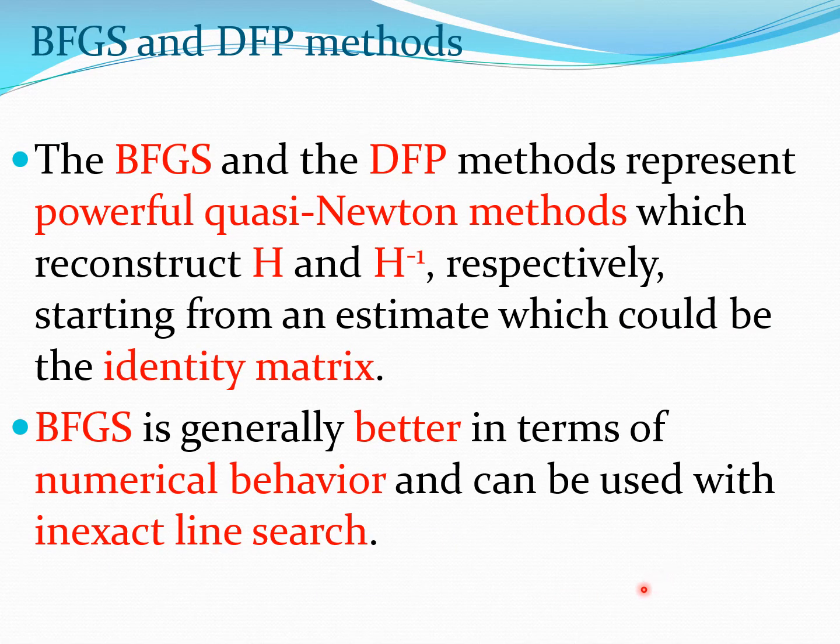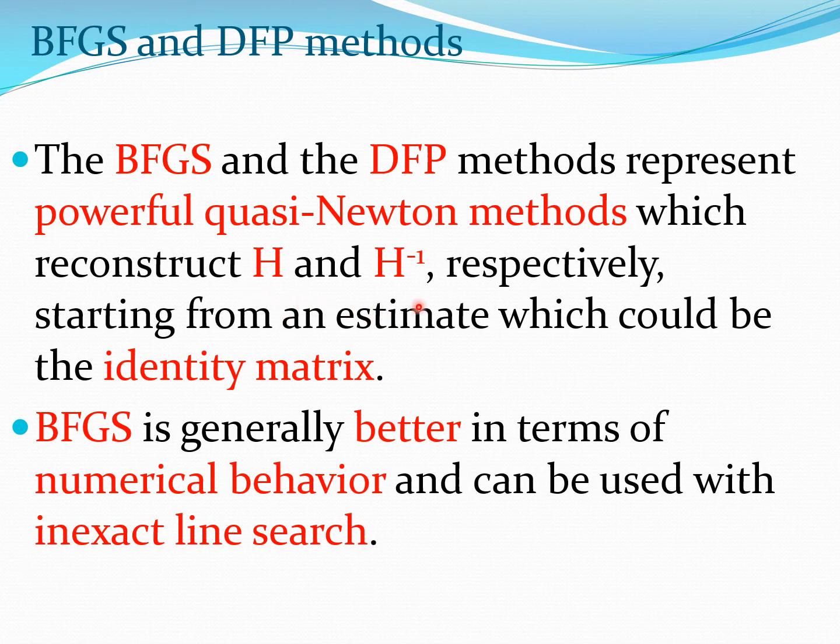Now we also saw that the BFGS and DFP methods are the most powerful and widely used quasi-Newton methods, and these essentially try to reconstruct the matrices H and inverse of H respectively. Now the point about using H is that to get the search direction you have to solve a linear system.